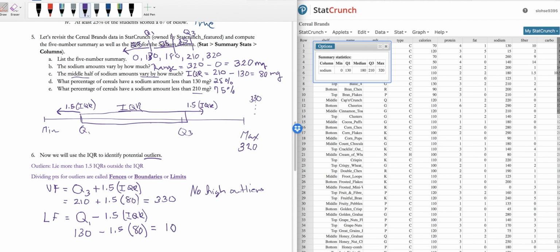So this time our minimum value is 0, and yet our dividing line for outliers is at 10. So we do know that we have low outliers because our minimum value is less than our lower fence. So in our next video, we will take a look at where we're going to go from here.